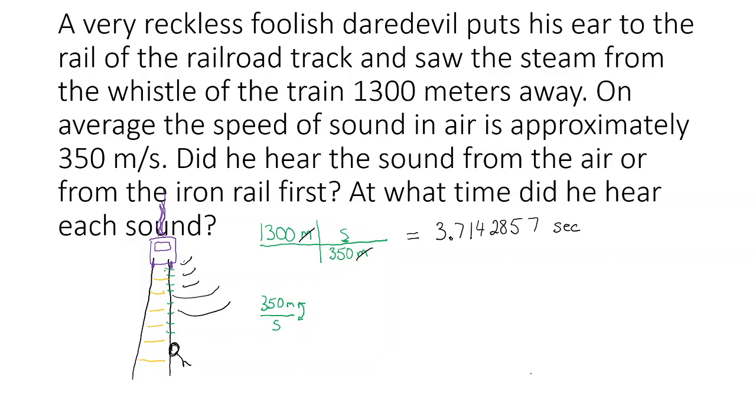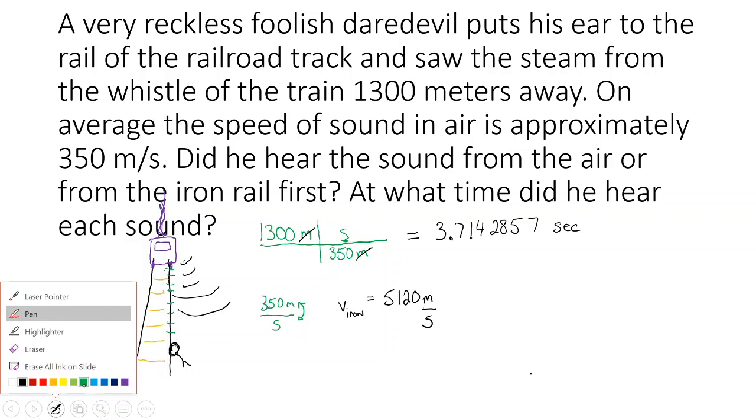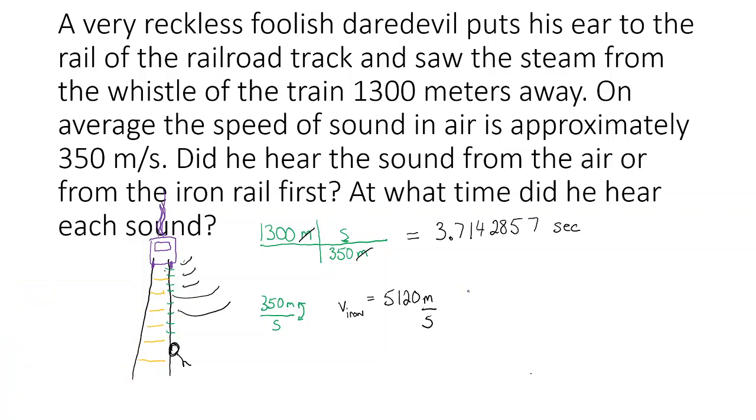And now I'm going to get out the chart that I provided on this lesson, and you will see that there's a different speed of sound. The velocity of sound in iron is equal to 5,120 meters per second. So we can put that into a unit analysis problem.